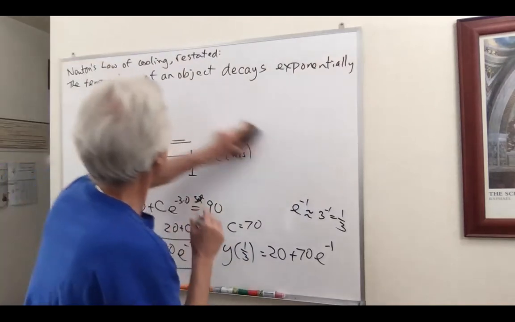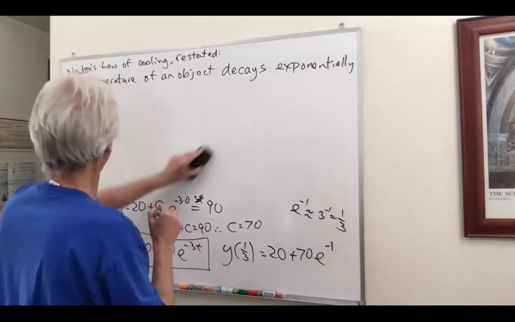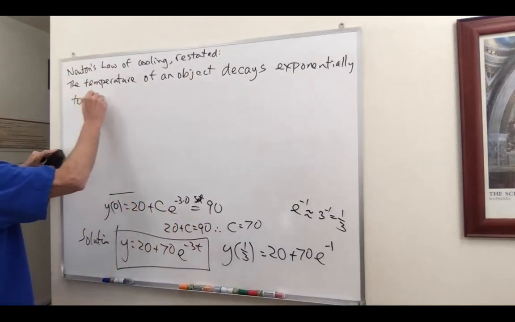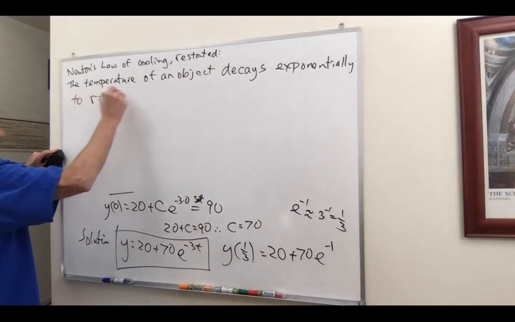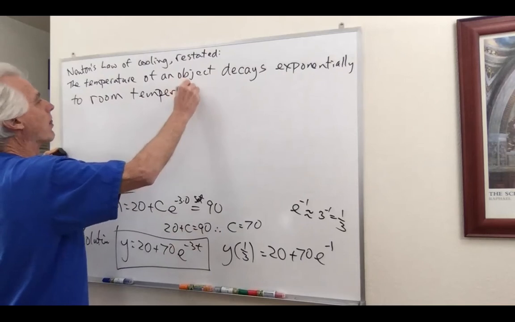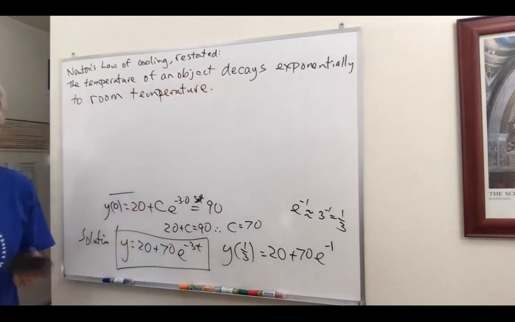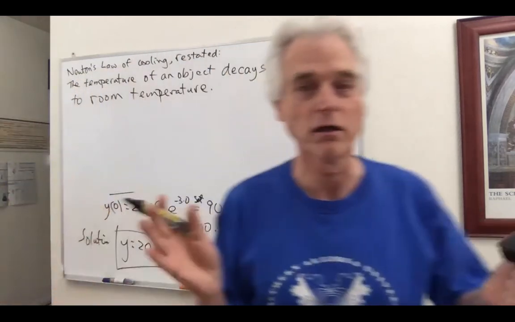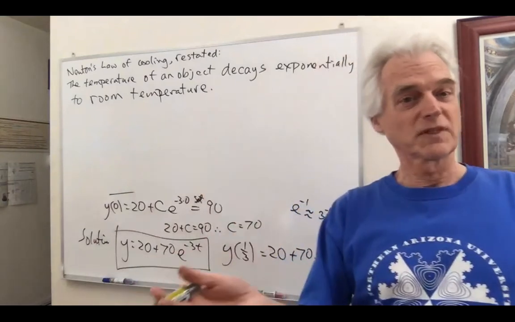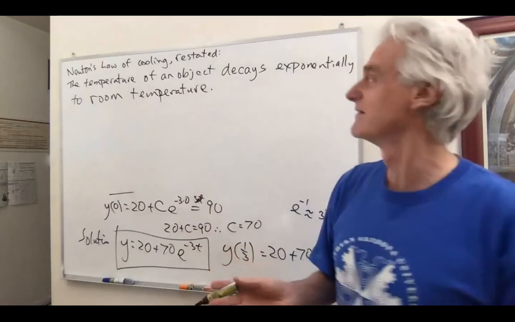I'm going to get rid of this. I'm going to call it room temperature. You can call it ambient temperature if you want, but that's really all that Newton's law of cooling says. And Newton, he understood calculus pretty well, right?